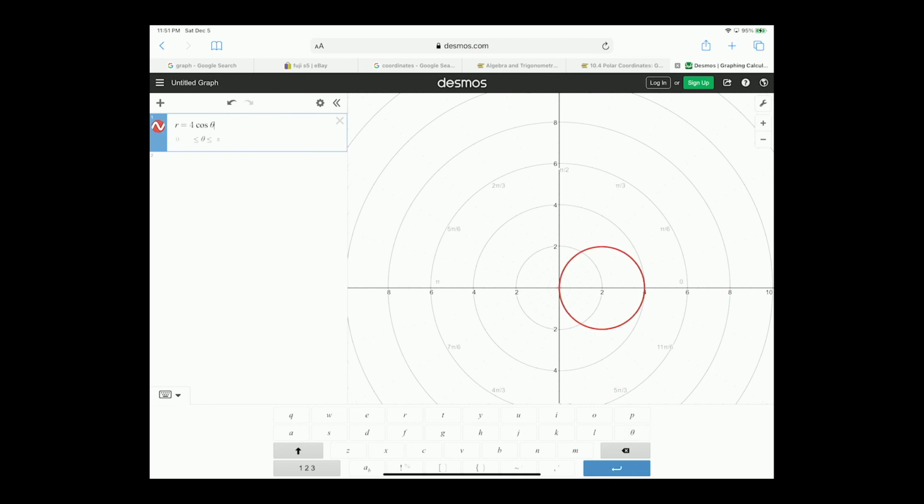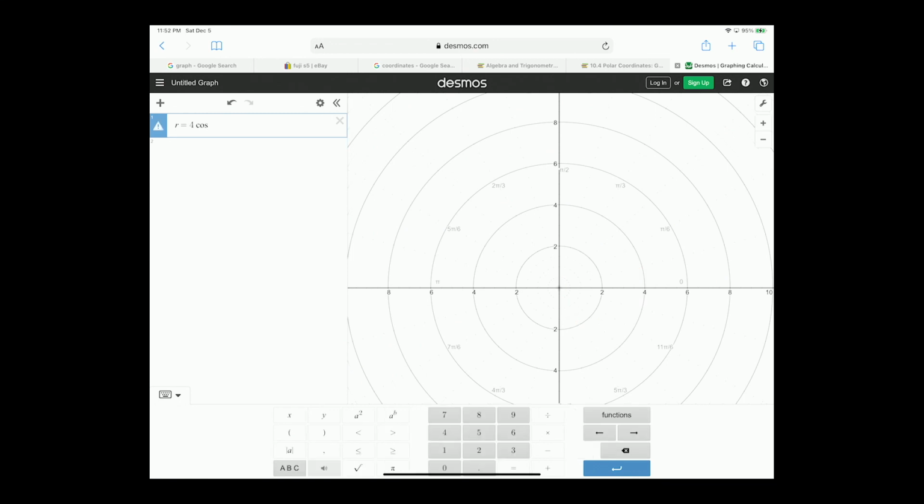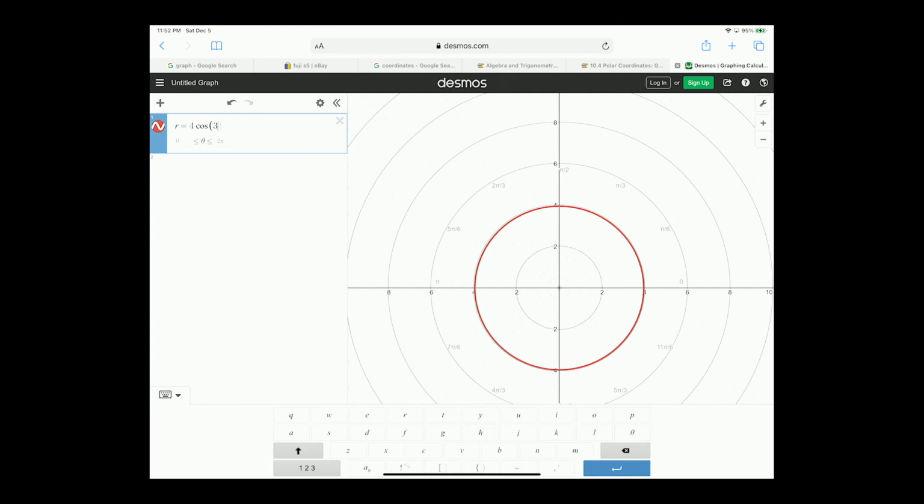Theta. Okay. So that was, I think, the first one we plotted. What do we want? We want 3 theta though, right? So we need parentheses. Sorry. It's hard to do this on the keyboard here. 3 theta. There we go.